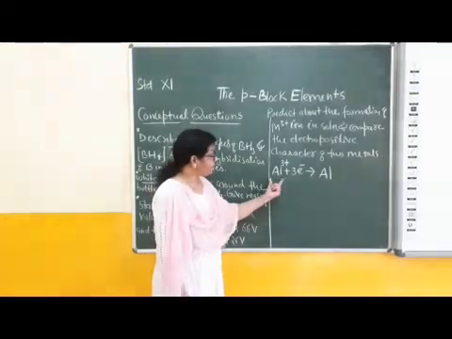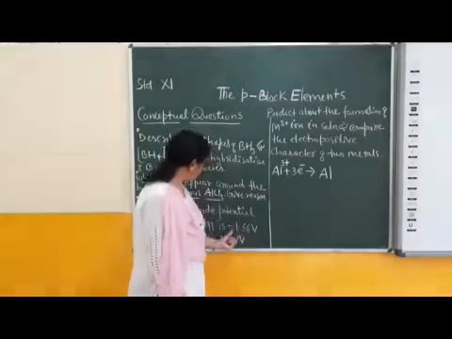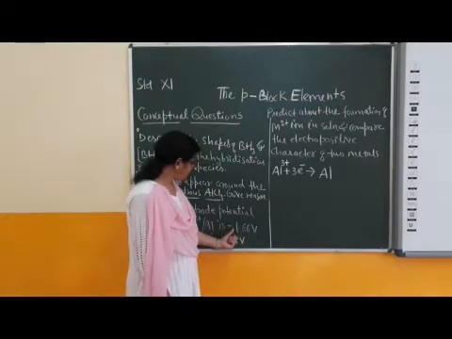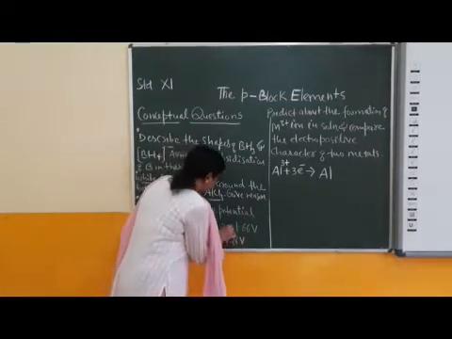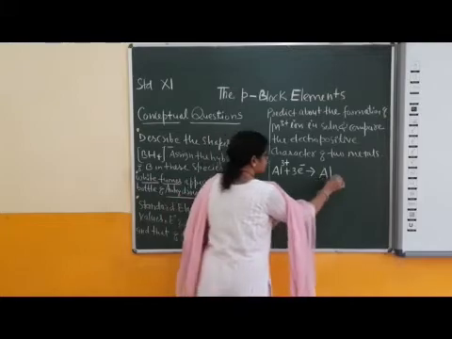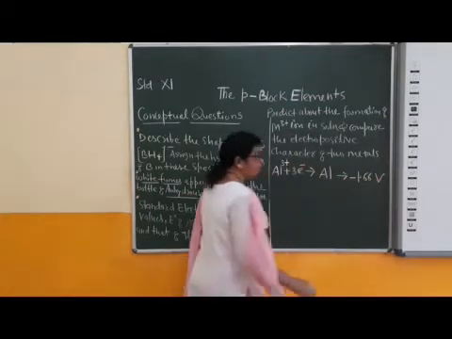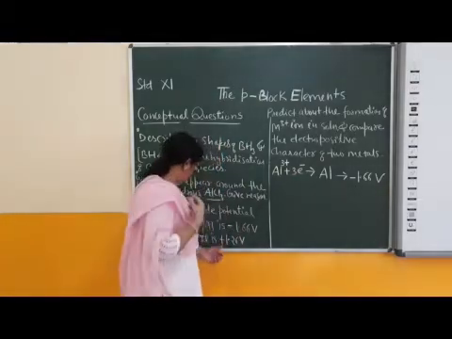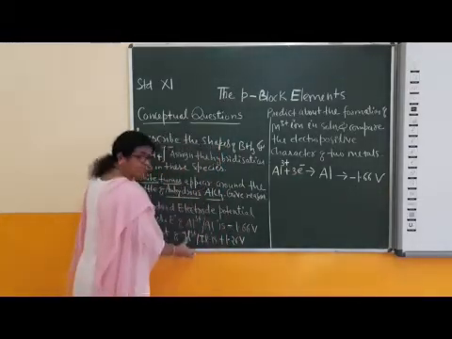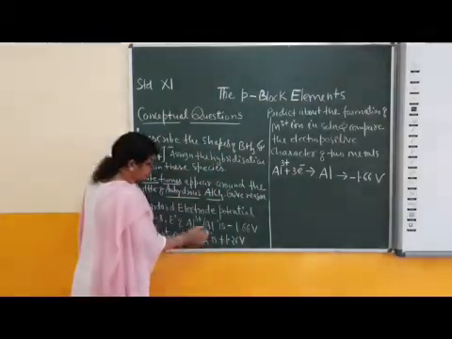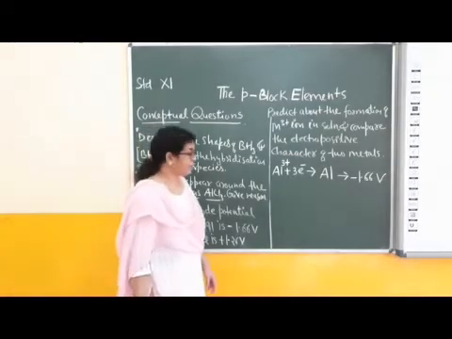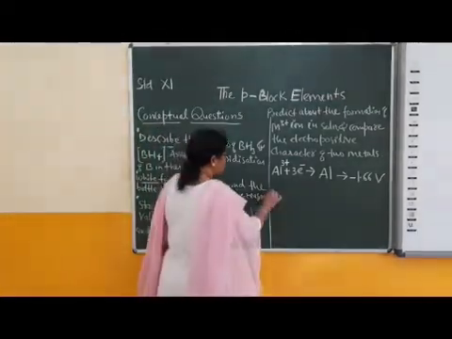And for this process, what is its electrode potential? Minus 1.66 volt. Unit is volt. For reduction of tripositive thallium to thallium, the electrode potential is positive.